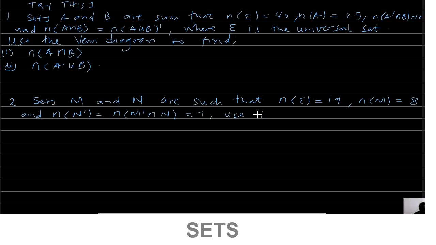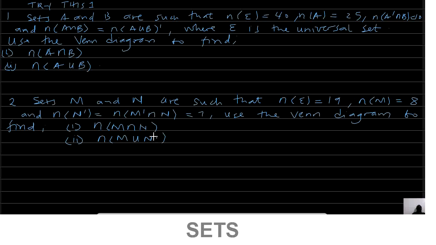Use the Venn diagram to find, number 1, the number of elements in M intersection N. Number 2, the number of elements in (M union N) complement. Just to have a hint here, the number of elements in N complement means M only, and it is equal to the number of elements in M complement intersection N. This simply means N only.